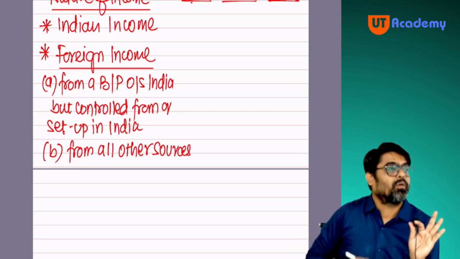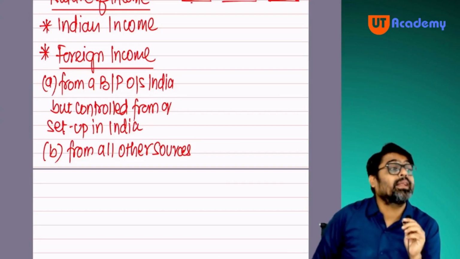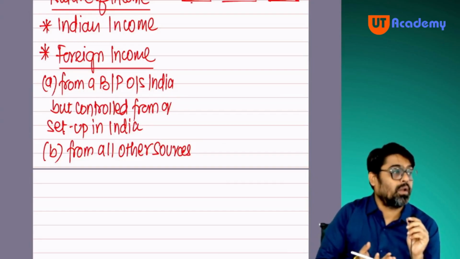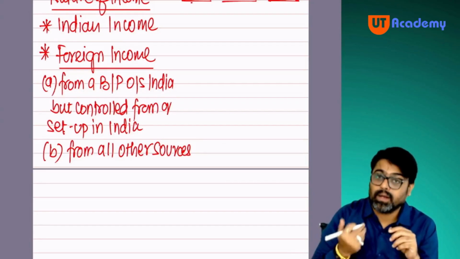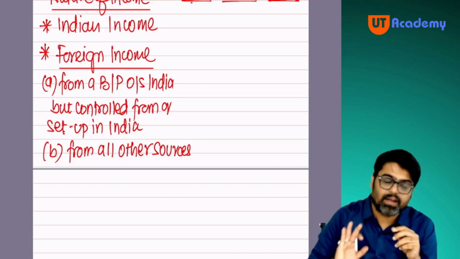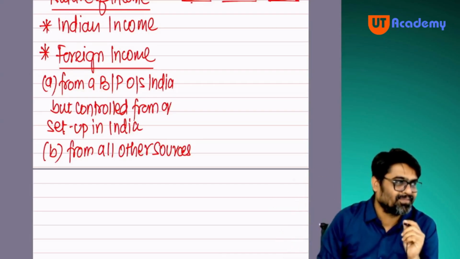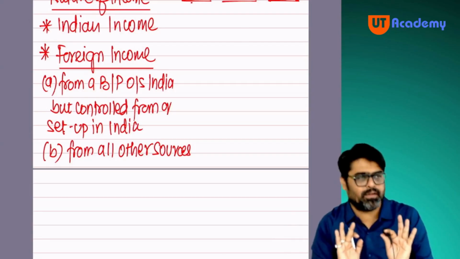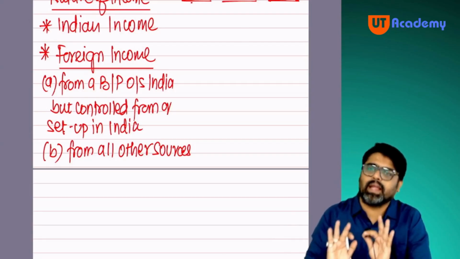Now, when can you call an income Indian income, and when can you call an income foreign income? That we will learn later on. Right now, just be with me. Don't worry about that.